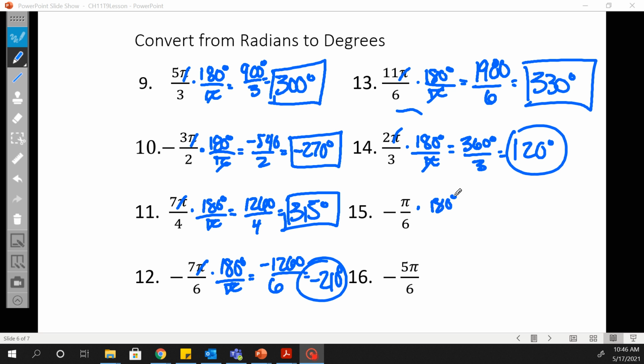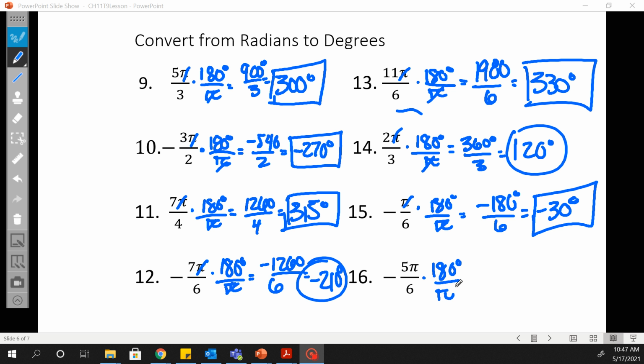Multiply by 180 over pi. Pi's cancel. So I got negative 180 over 6. So that is negative 30 degrees. And lastly, multiply by 180 degrees over pi. Pi's cancel. So I got 5 times 180, so that's negative 900 degrees over 6. So that's negative 150 degrees.